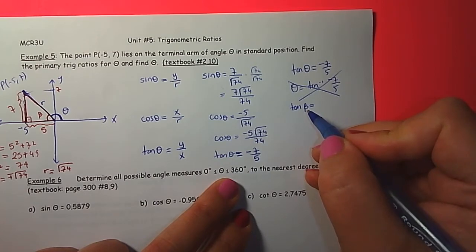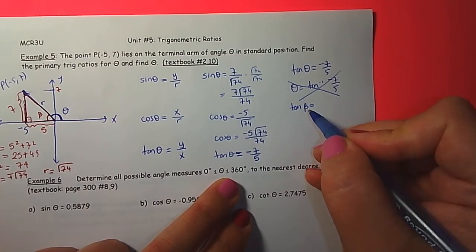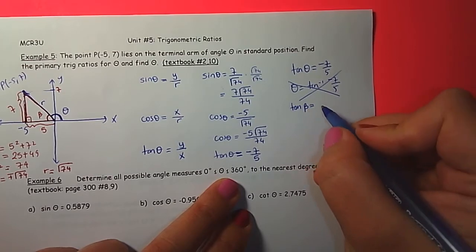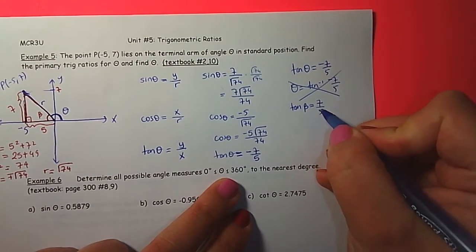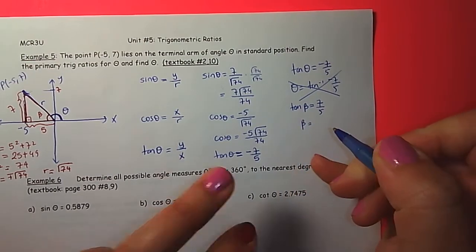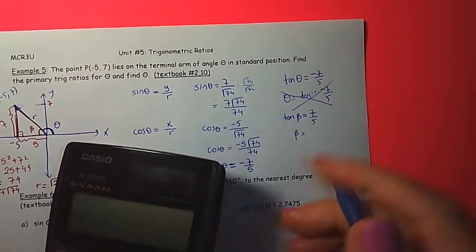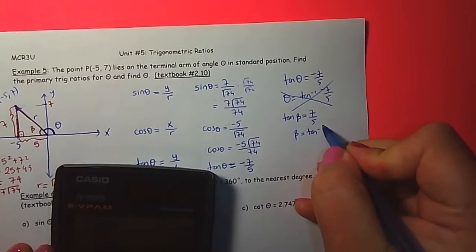If you sketch it in a Cartesian plane, it is always in the first quadrant, and trig ratios in the first quadrant all have positive values. So tangent beta is going to be positive 7 over 5. Now we can do tan inverse to get beta.